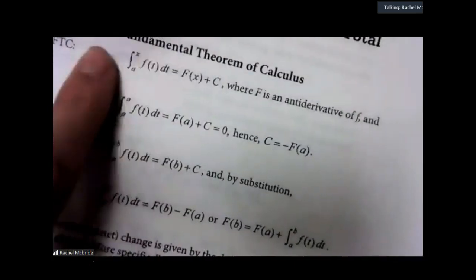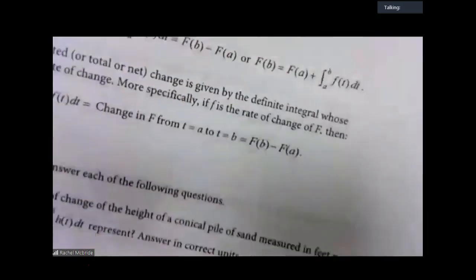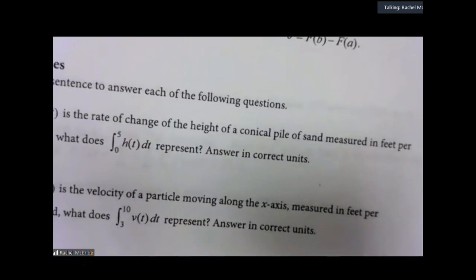It should hopefully be a review of what we did last week, and then we'll talk about it in terms of your answers. Again, today we're going to talk about the second part, which is up top. This is what we previously talked about. The reason I wanted to look at this is because it helps introduce where we're going tomorrow.